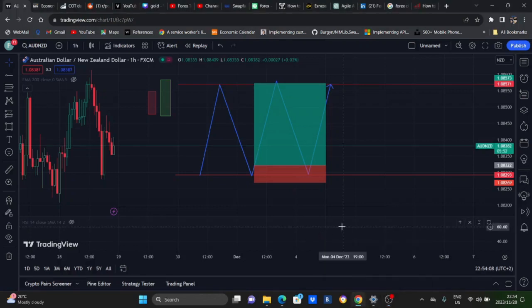All right, cool. In Forex trading, we've got chart patterns, right? So we have chart patterns for reversal that give us a signal that the price is about to reverse. We have chart patterns for continuation, which give us a signal that the price is continuing.